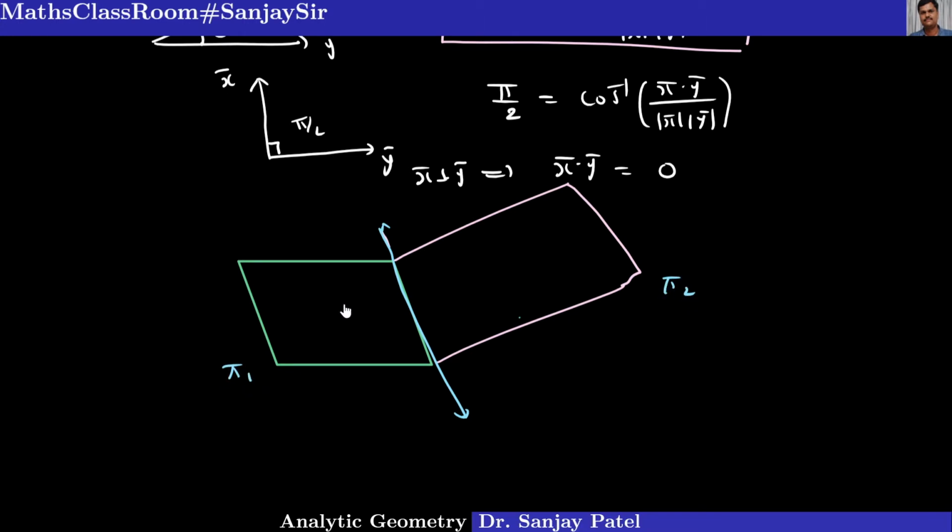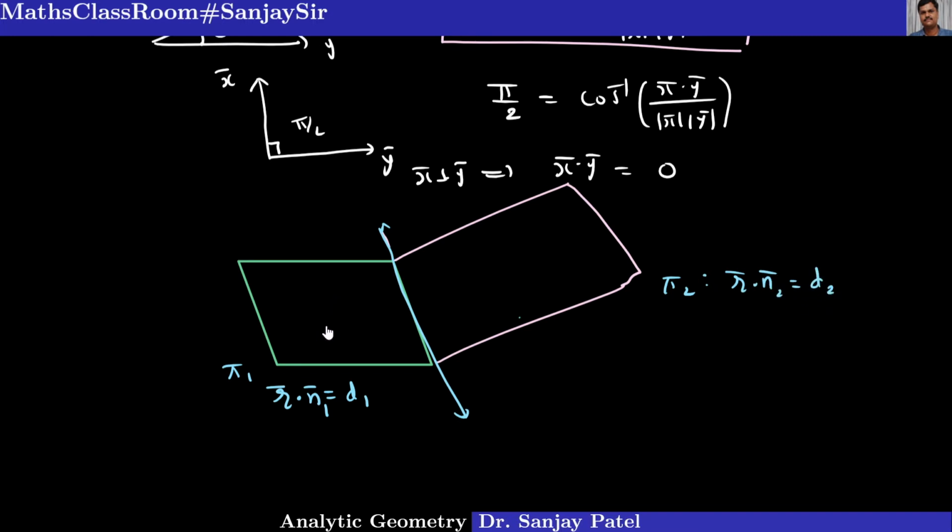The angle between the two planes is defined as the angle between the normal vectors of the planes. You know, the vector equation of a plane is given by r bar dot n bar is equal to d. So I am taking r bar dot n1 bar is equal to d1 as the equation of this plane, and for the second plane, the equation is r bar dot n2 bar is equal to d2.